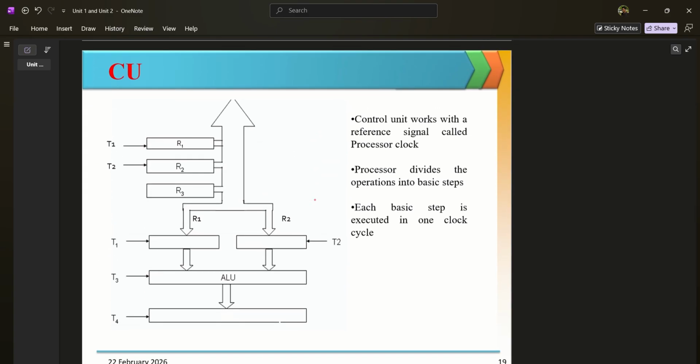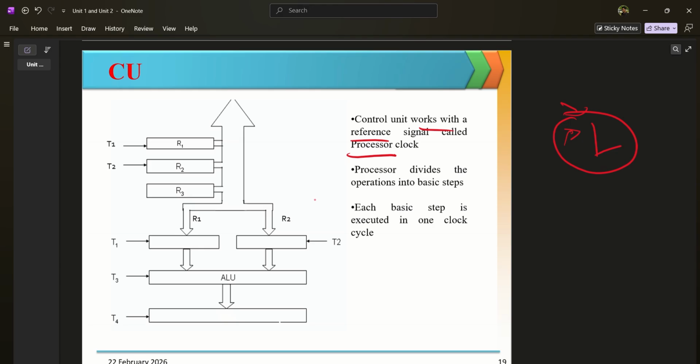What does the control unit have? The control unit works with a reference signal called the processor clock. This is what I mentioned: it is a clock for the particular computer, and everything in the computer works based on the timings of this clock.